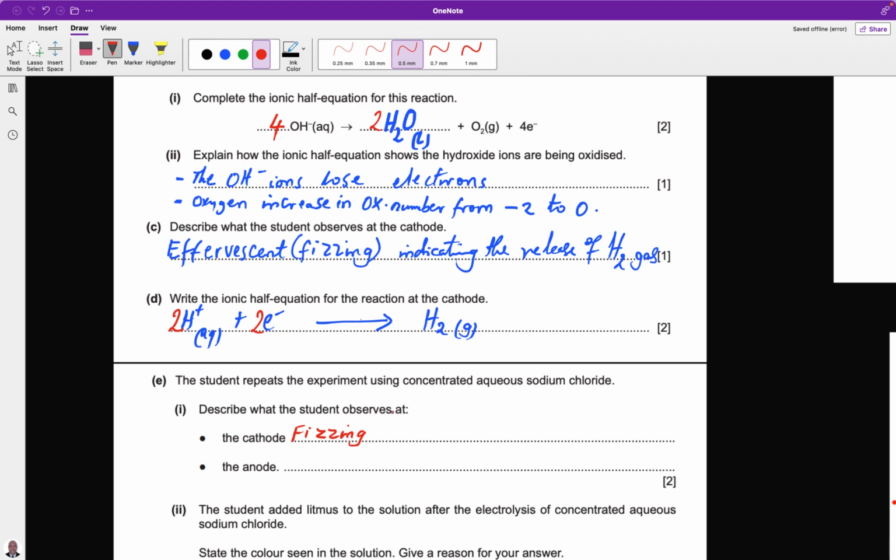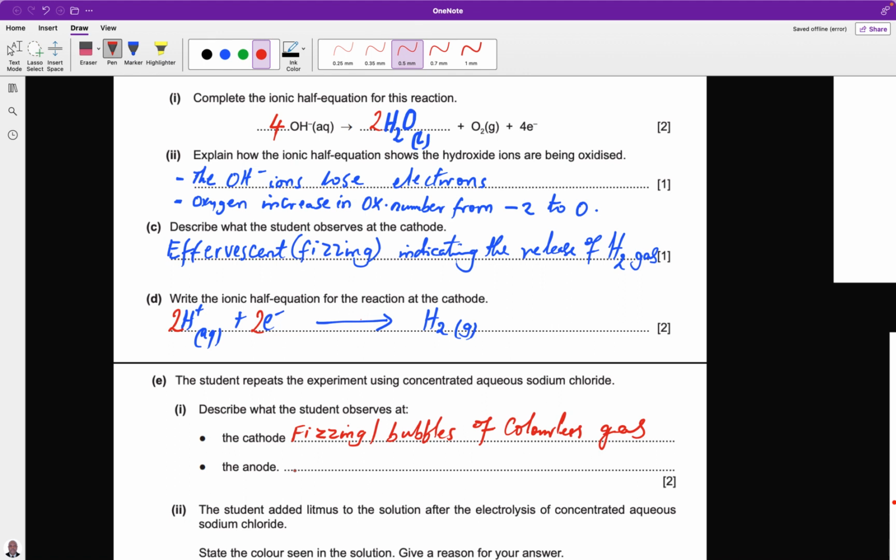You can say fizzing, you can say bubbles of colorless gas. Now, at the cathode, it is still a gas that will be produced there. Now, at the anode, a gas is still going to be produced there.